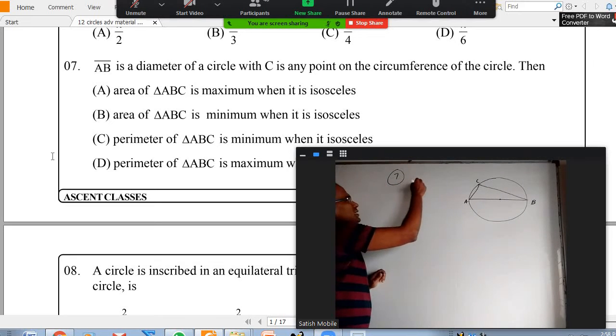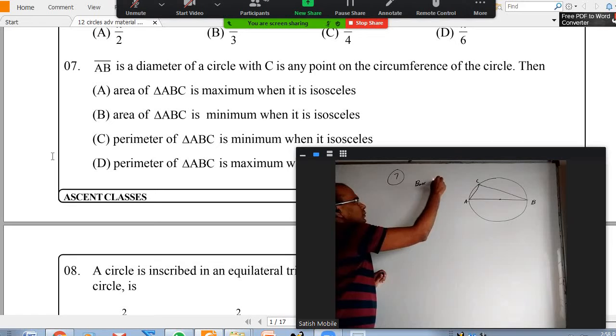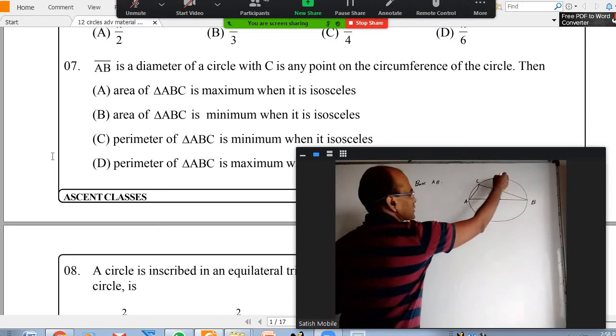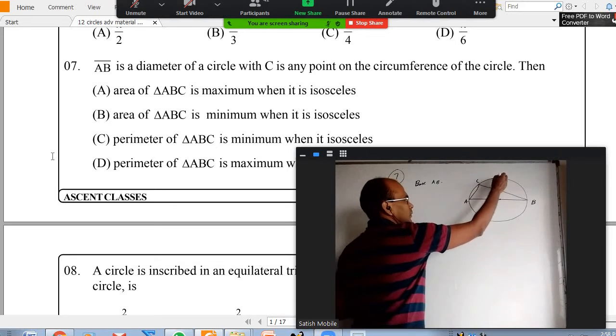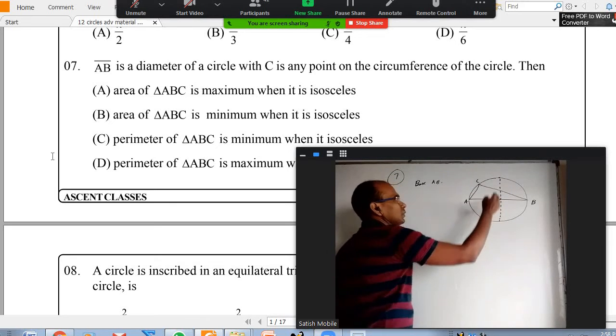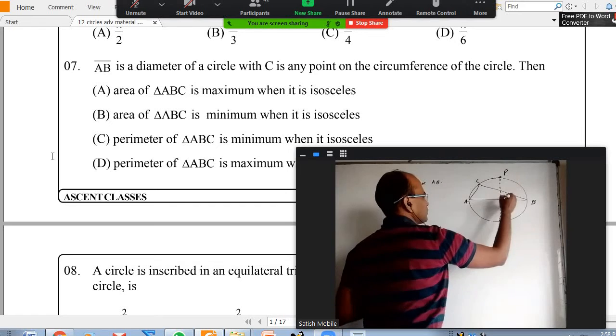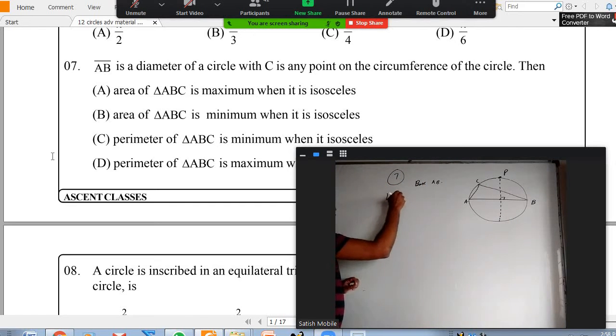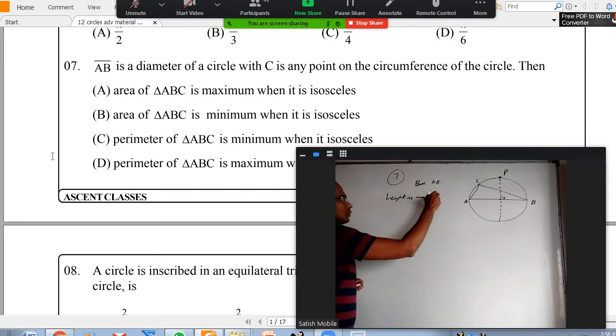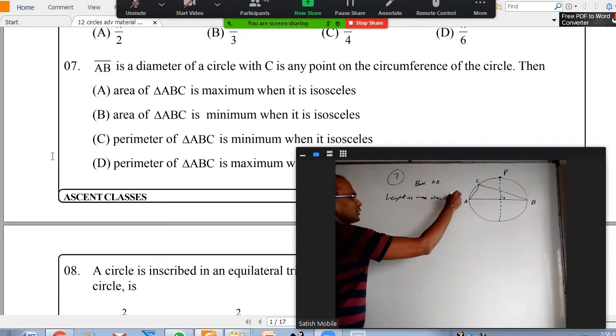If we take base as AB, you can easily see height will be maximum when C is here. Let us call this point P. So height is maximum when C is at P.